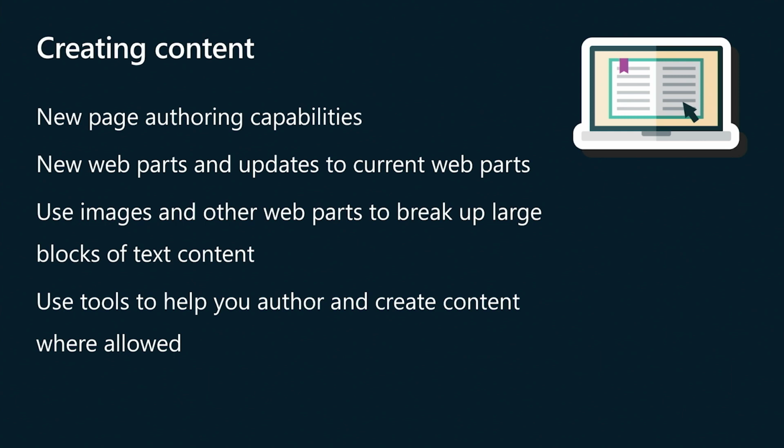Hopefully you attended Denise and Dave's session yesterday to see more of what's there and what's coming. But you can have updates to web parts. We're adding in new web parts. You can use images and other web parts to break up those long blocks of content. Do any of you have some of those sites that are just like scroll, just huge blocks of content?